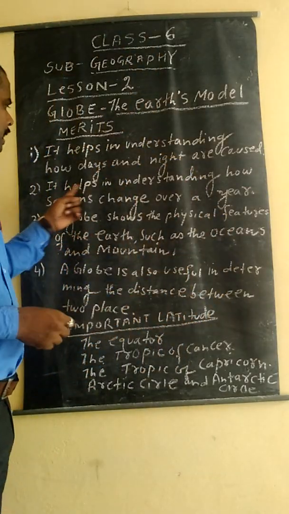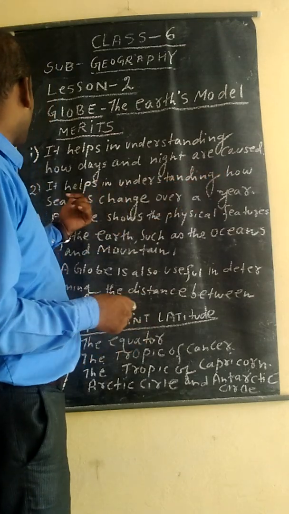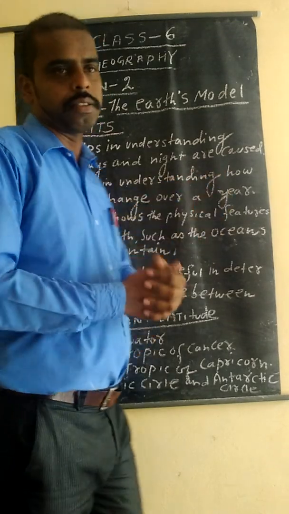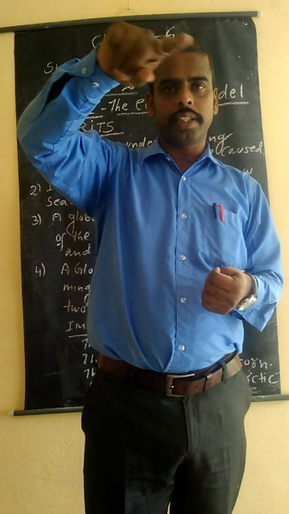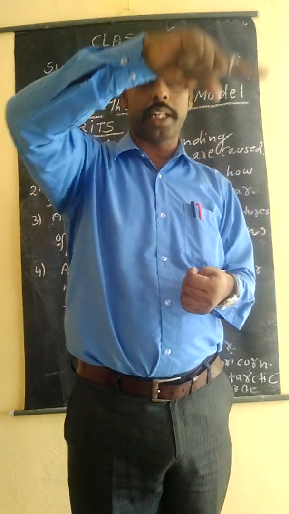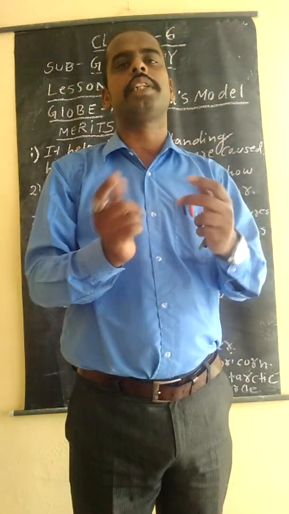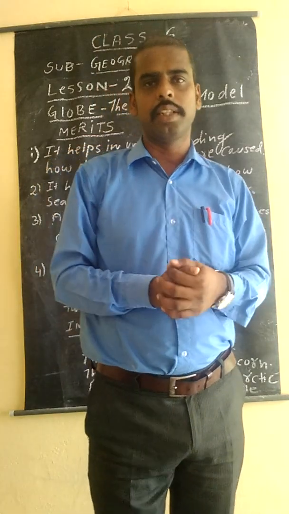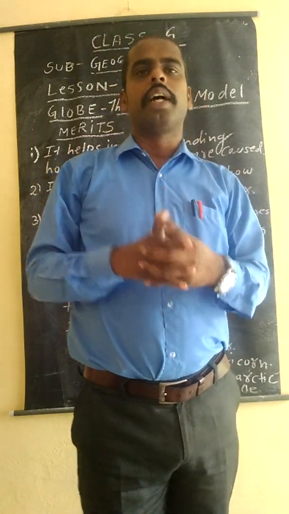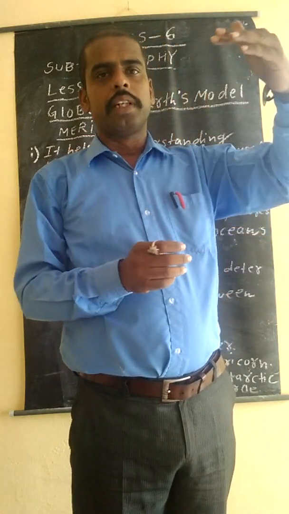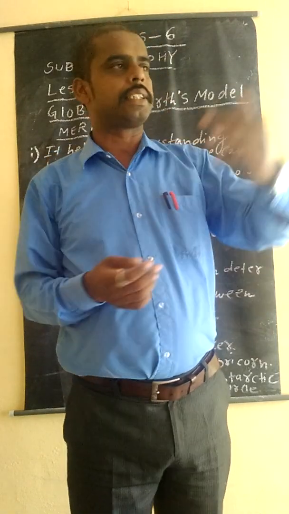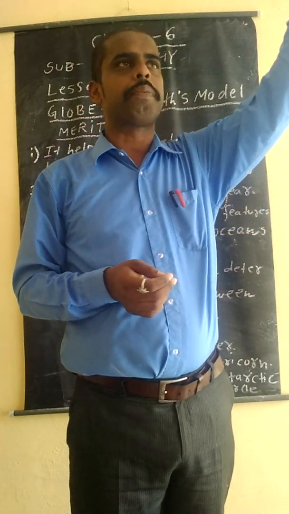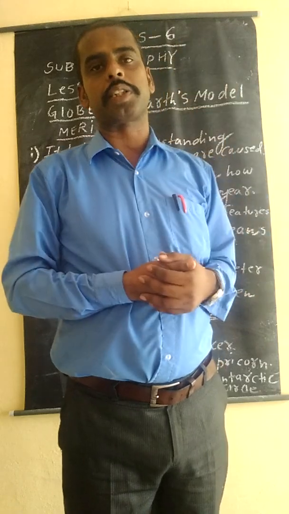The second point is, it helps in understanding how seasons change over a year. When the Earth revolves around the sun, it causes seasons: autumn, spring, summer, and winter, and this is very important. Sometimes it is hot, sometimes cold, and maximum rainfall occurs in Cherrapunji and Mawsynram.